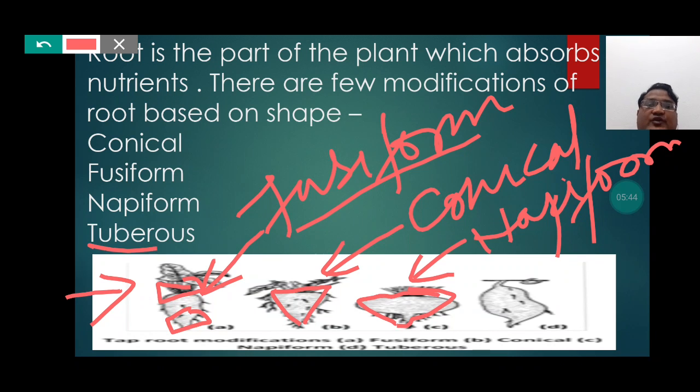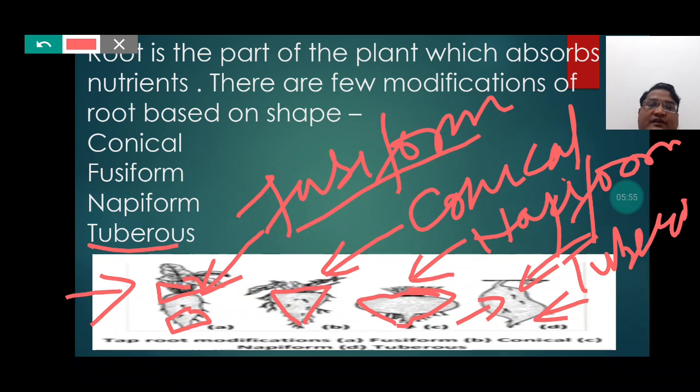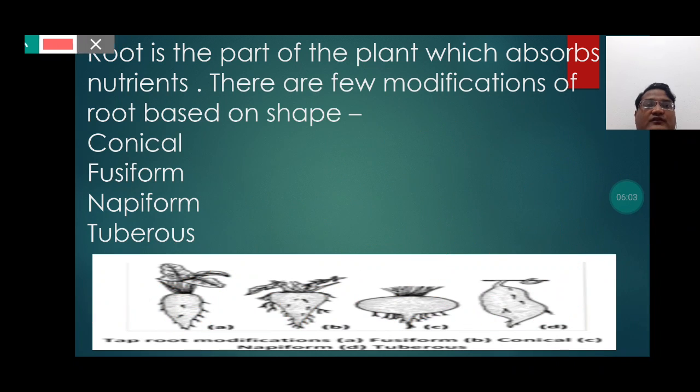And finally, the tuberous root, which appears swollen from different areas. So students, tuberous root actually has huge portions of swollen regions. So that is why that's called as tuberous root.